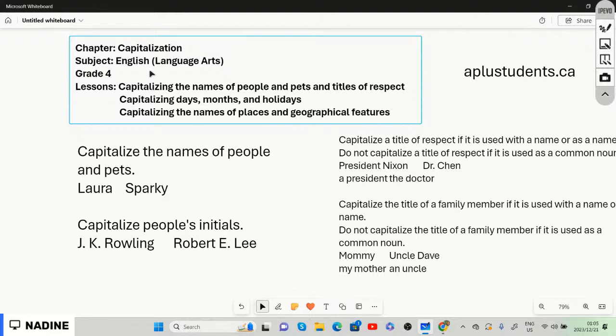And we're going to be capitalizing the names of places and geographical features. So that is going to be our focus today under the chapter of capitalization. And we are doing our tutorial lessons on aplusstudents.ca.